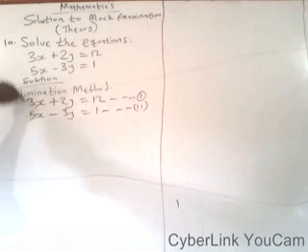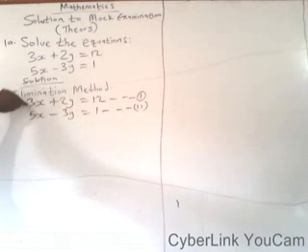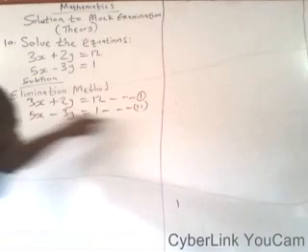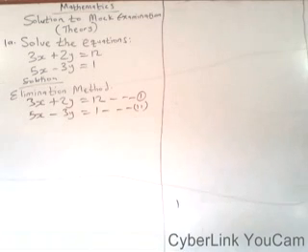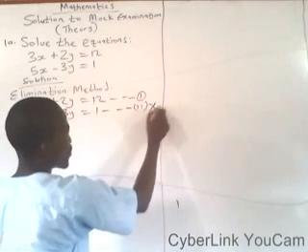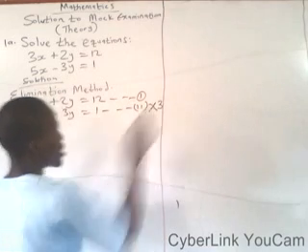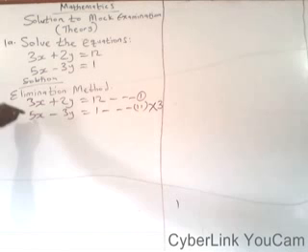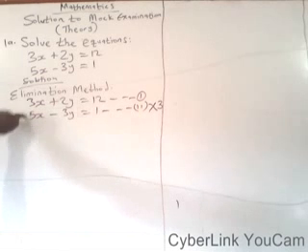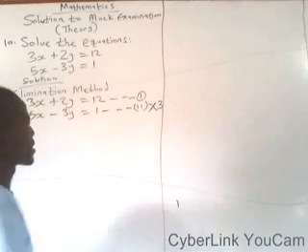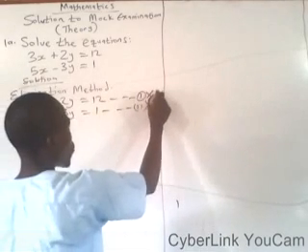What is the value of x in the first equation? The value of x in the first equation is 3. Use that 3 to multiply everything that you have in equation 2. The value of x in equation 2 is 5. Use that 5 to multiply everything that you have in equation 1.